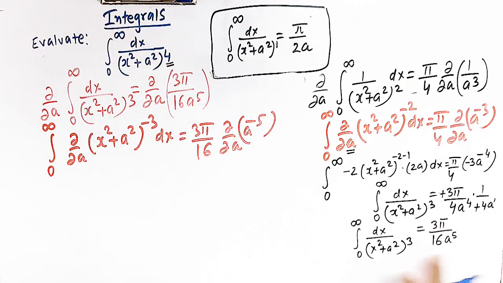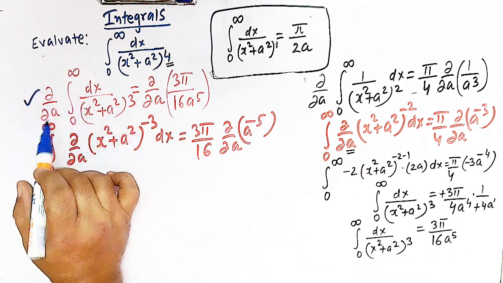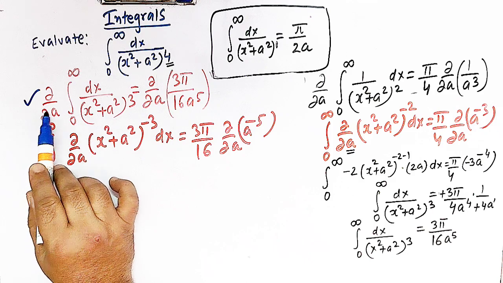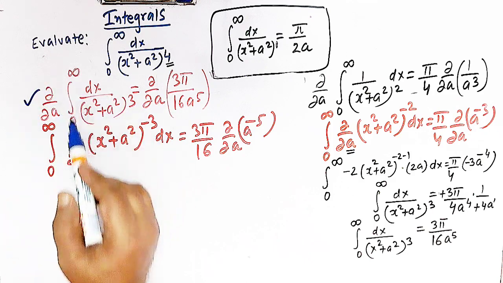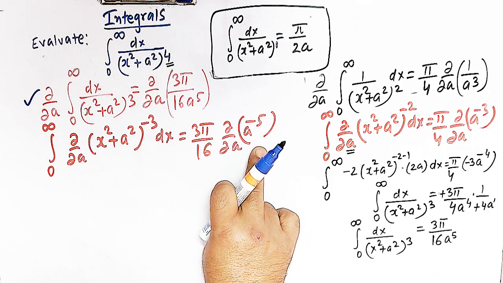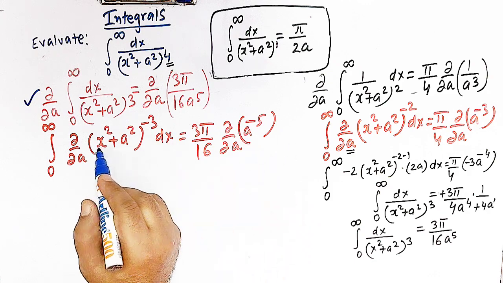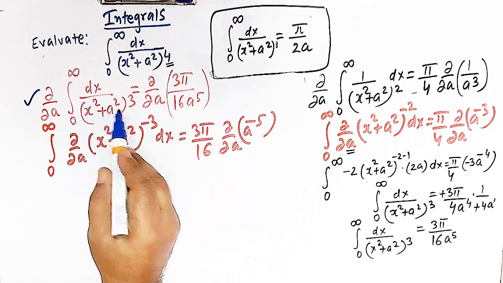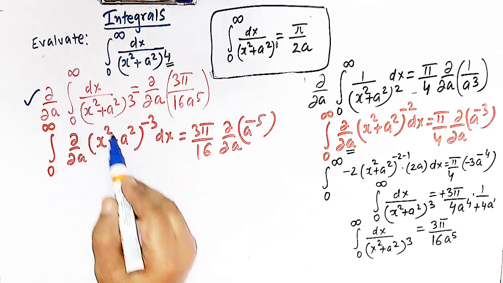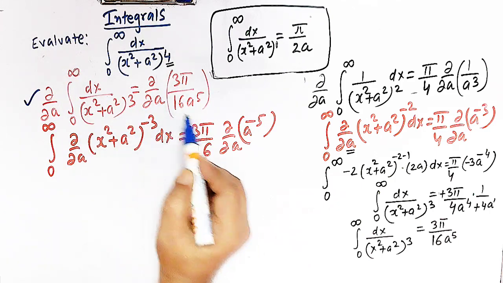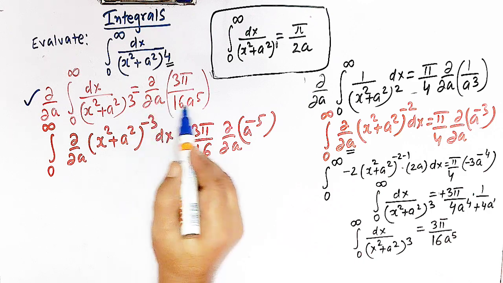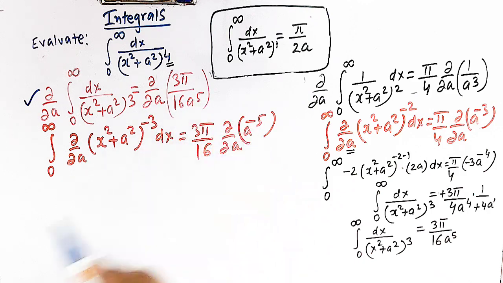So we have to differentiate both sides again with respect to a. So now again differentiating both sides partially with respect to a, we have this expression, and then taking this partial derivative operator inside the integral sign, we have this expression, right? So taking (x square plus a square) raised to 3 to the numerator, we have here a negative 3, and 3 pi by 16 is a constant, and here we have a raised to minus 5.